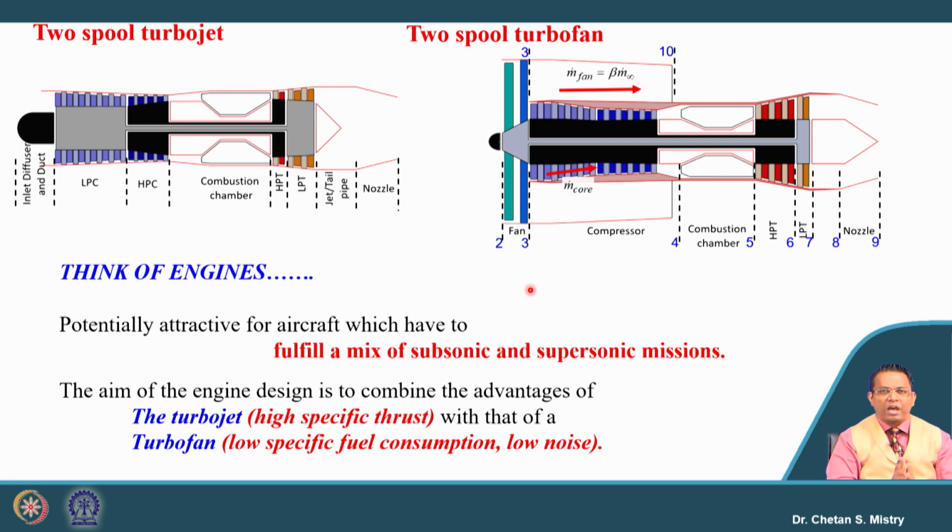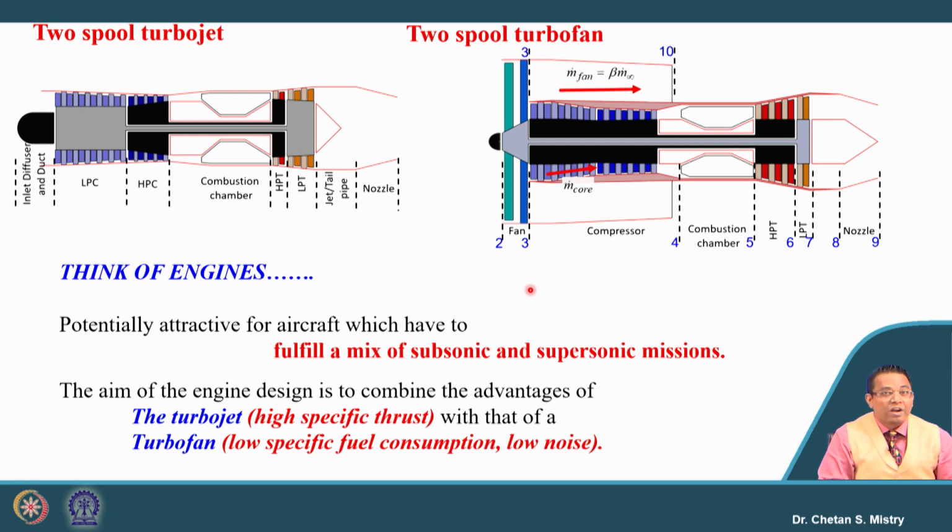So let's target the advantages of these two engines. What are the advantages we need to take up? The turbojet engine gives higher specific thrust. At the same time, the turbofan engine gives the benefit of lower specific fuel consumption and lower emission.